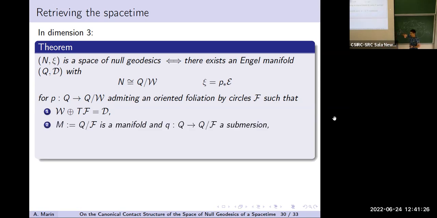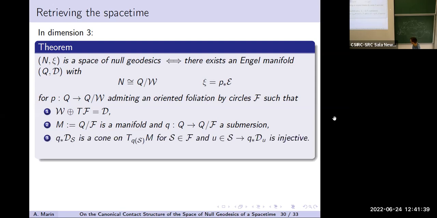Then I'm also going to ask something rather technical, which is that the foliation is nice enough so that you can take the space of leaves, and that's going to be a manifold, and your projection is going to be a submersion. And then the third thing is maybe the one that's a bit more difficult, but I'm going to try to make it understandable.